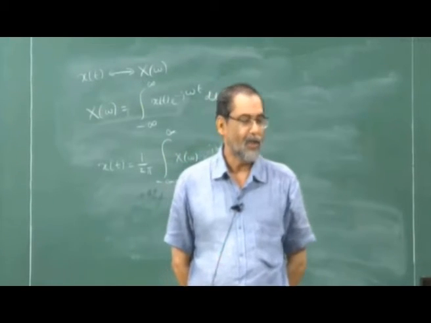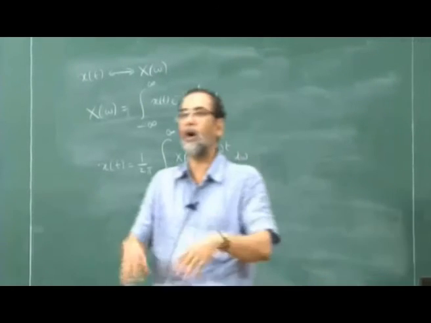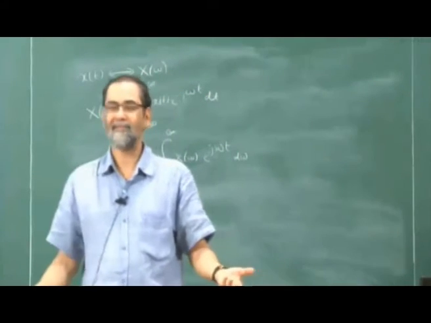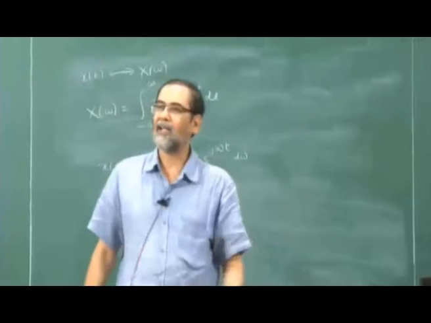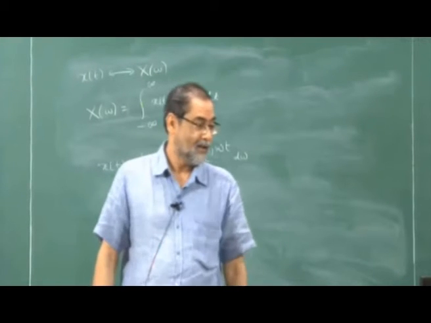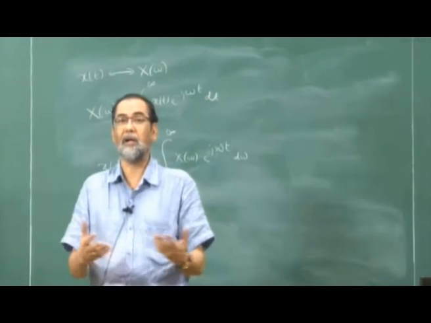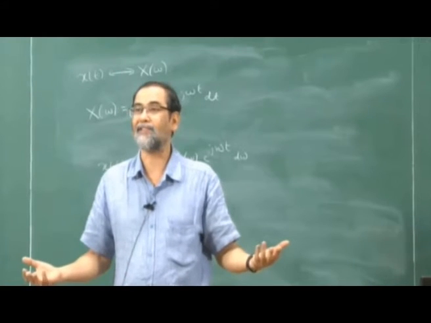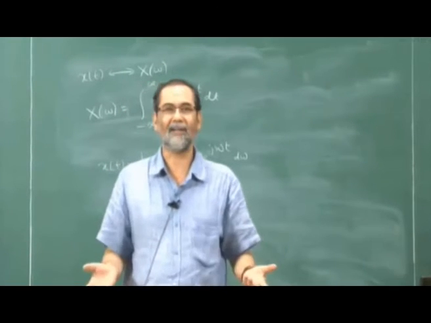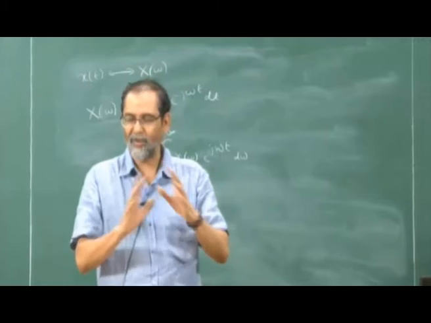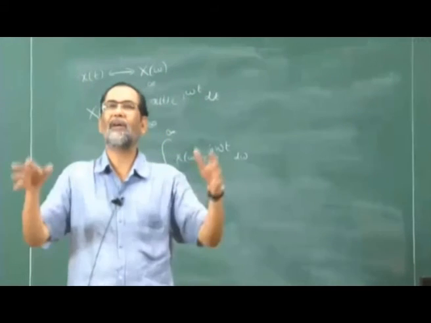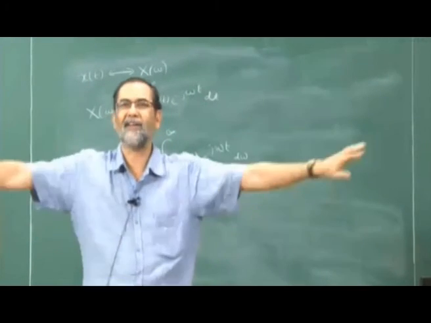They add to make x of t, which is 0 outside a certain domain. In this case, I have written t belonging to a and b. A and b can be plus or minus infinity; a and b can be any value. All that I'm saying is that x of t is not periodic, so it is just one period, and it is 0 everywhere else.